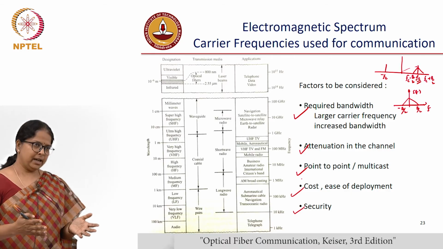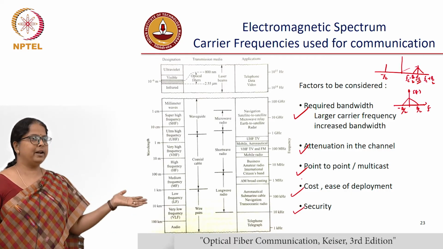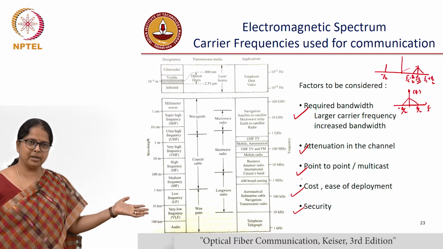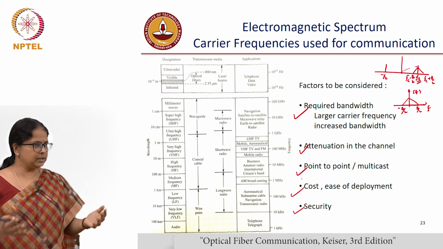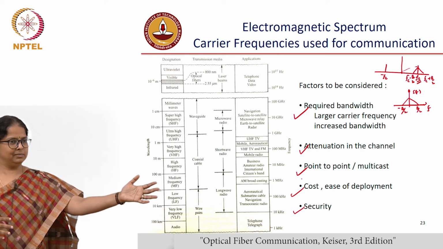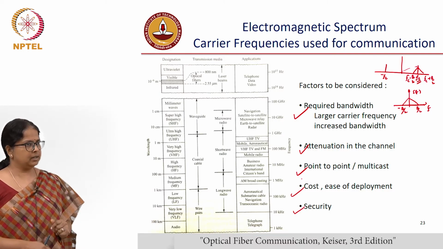Is that okay in your link? In some cases it may be okay. For example, FM radio, its security is not an issue, anybody can get that information. But that may not be the case for a link that is connecting one bank to the other. So, depending on the situation, security is also a concern.